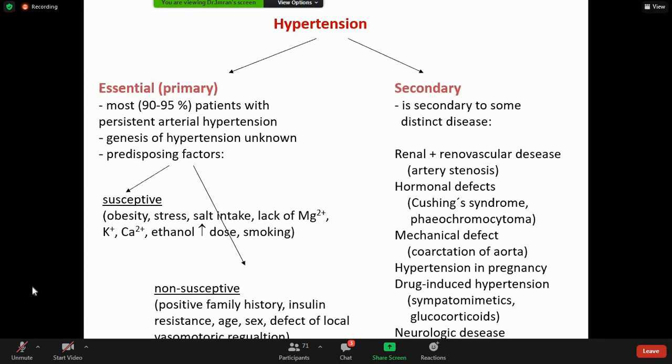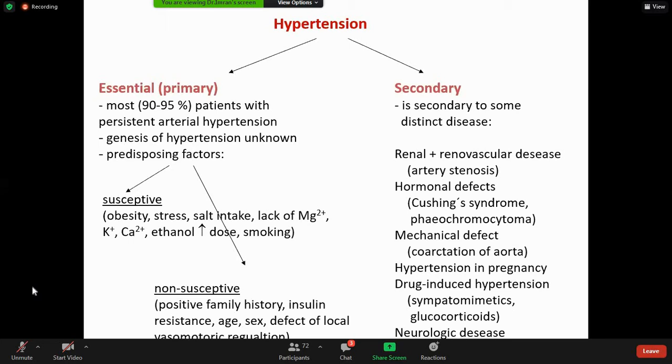If there is a problem related to arterial stenosis, hormonal defects in which we have Cushing syndrome, pheochromocytoma, mechanical defect, coarctation of the aorta, hypertension in pregnancy, and drug-induced hypertension, like sympathomimetic drugs. This is one of the important examples. Sympathomimetic drugs means adrenergic agonists, the drugs which are responsible for stimulating adrenergic receptors, right?